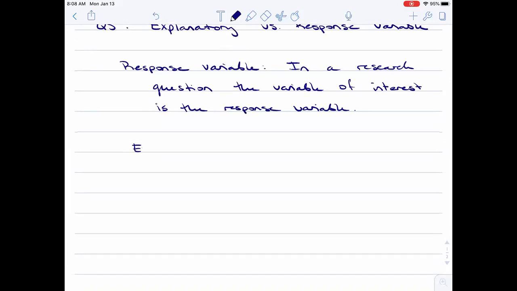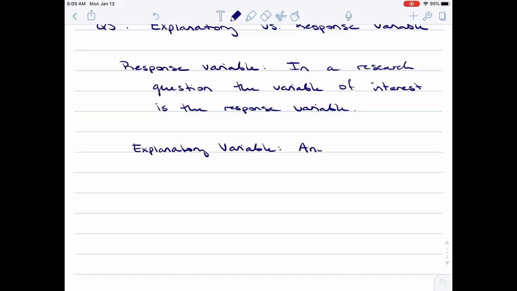Whereas the explanatory variable is any variable that you've collected that might help explain changes in the response variable. Okay?